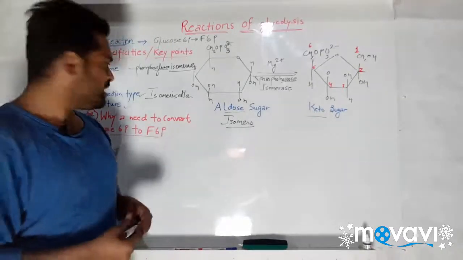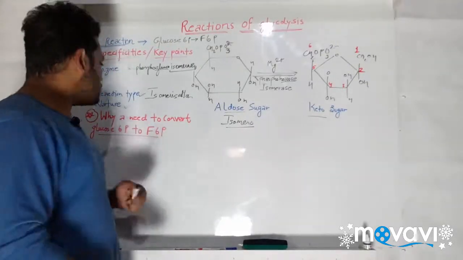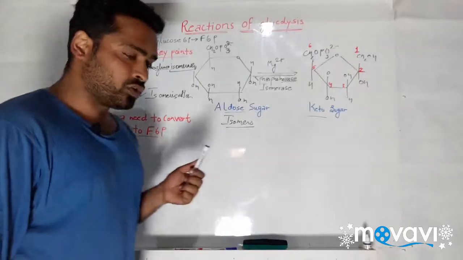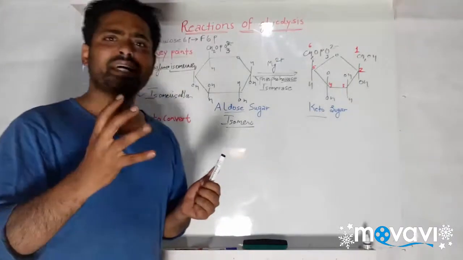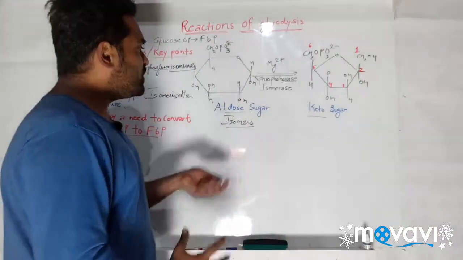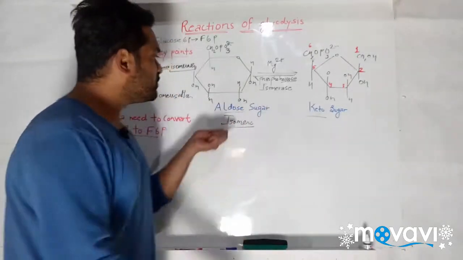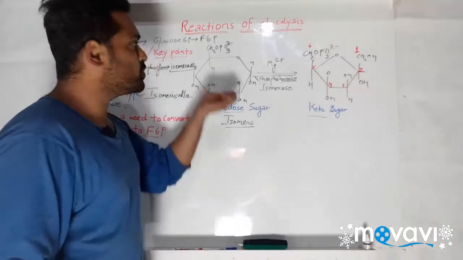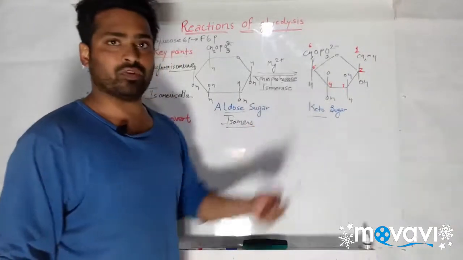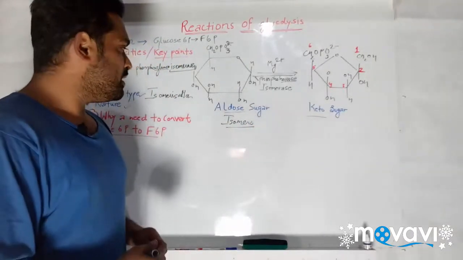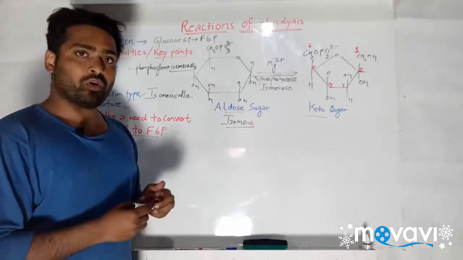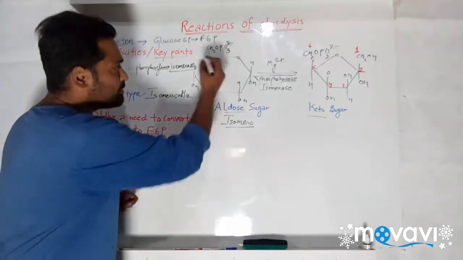Now there is a question: why do we need to convert glucose 6-phosphate to fructose 6-phosphate? Why can't we go on with only glucose 6-phosphate? Why do we need to isomerize this glucose to fructose 6-phosphate? There is a need because there is a carbonyl group.